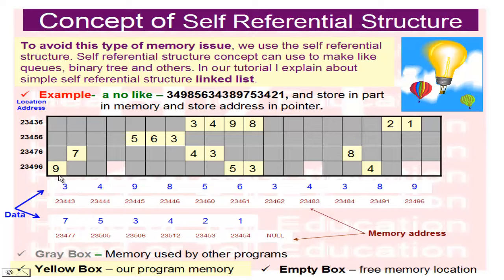But the data part may be long in bytes, because as I already told you, this may be the employee structure, so the employee data has the employee name, age, salary, company name, address, phone number, pin number, like this. So maybe 100, 400, 200 like this. So if we have this type of data, at that time we face the memory issue. That's why we need to solve this issue, we need a self-referential structure.